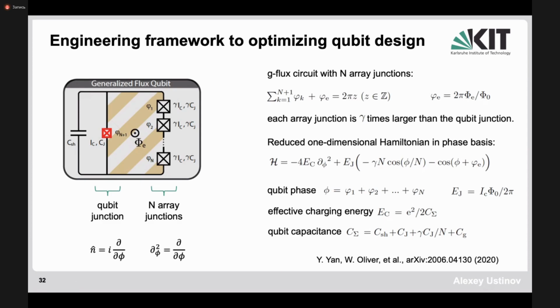So by making the junctions connected in series, the inductance increases. So this is a factor of n, and since the phase drop on each of the junctions becomes smaller, then this cosine has phi over n here.